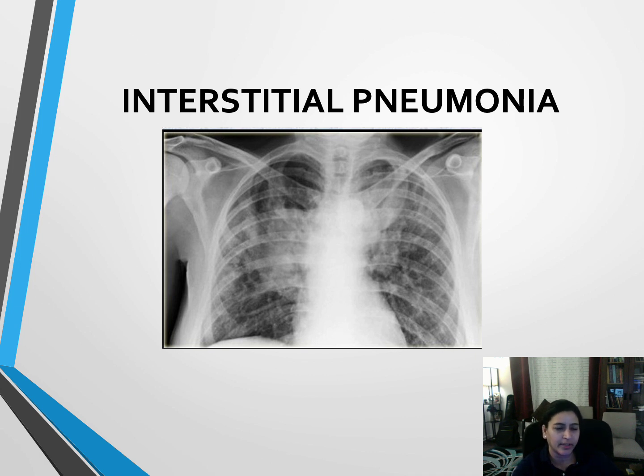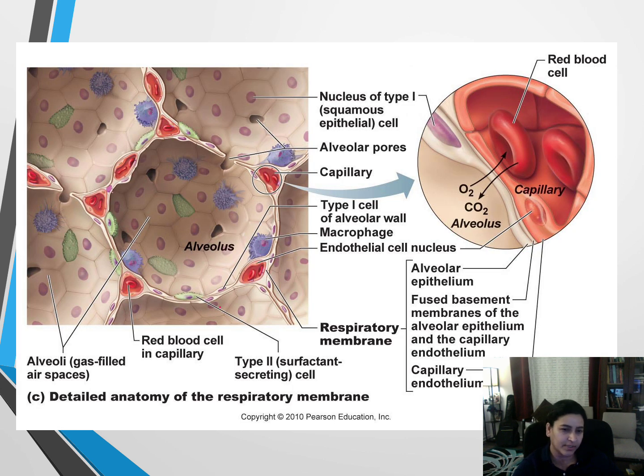Interstitial pneumonia. This is an X-ray image of interstitial pneumonia. Here it shows anatomically the alveolus inside the lung, and the capillary blood vessel, or the endothelial wall of the blood vessel, in contact with the alveolus.